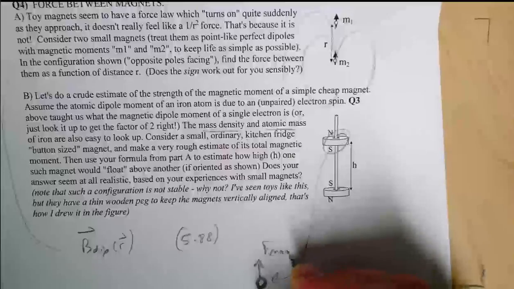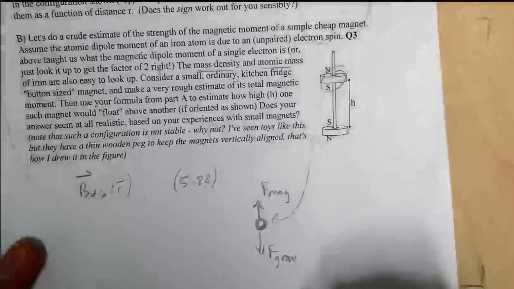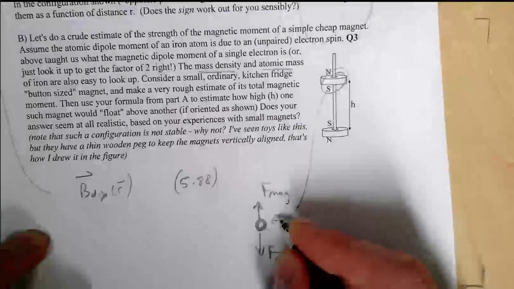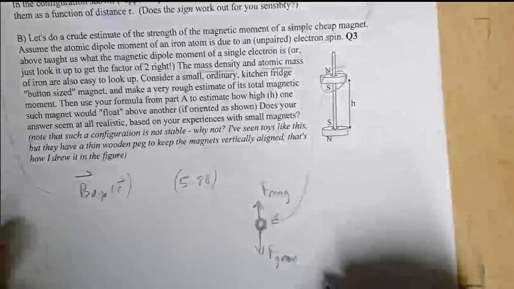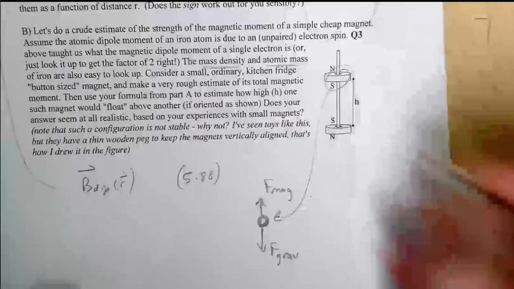But then there's also the force that the Earth has on this magnet, which is a gravitational attraction, right? And when those balance each other in this free body diagram, you're going to have a situation where you can solve for the distance that these things are apart. So this h, I guess you could call it here.